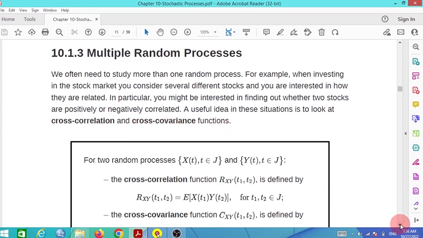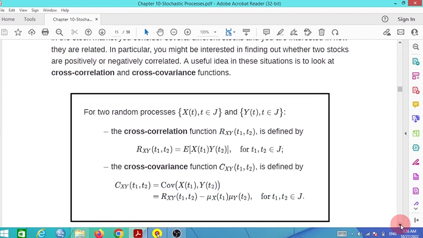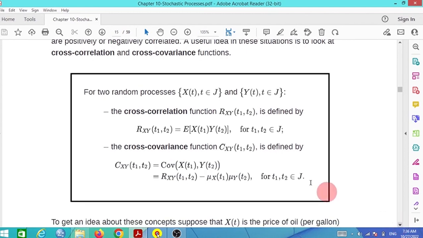So let's define the cross correlation function.